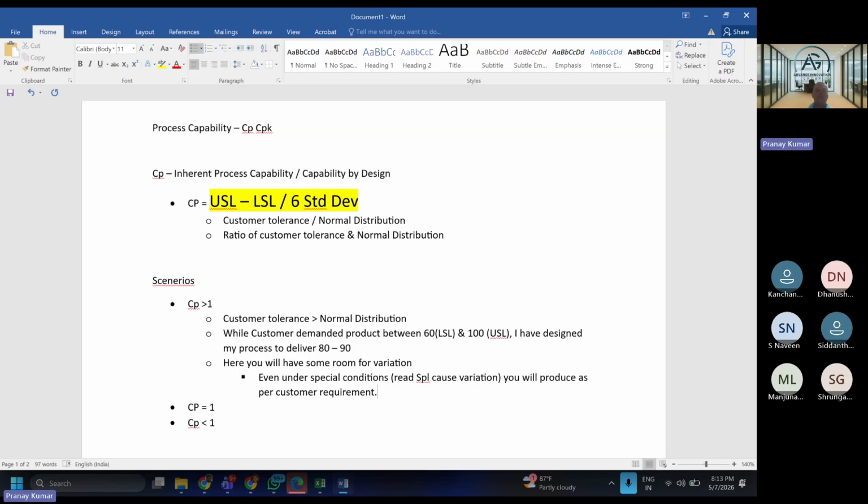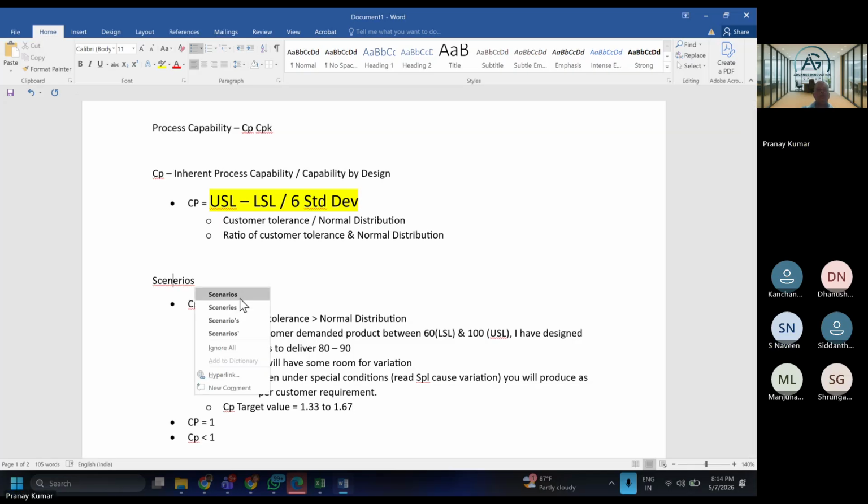With me so far, everyone? But even too much is not considered okay. CP, the target value that the industry uses, should be between 1.33 to 1.67. Okay, people, so far?